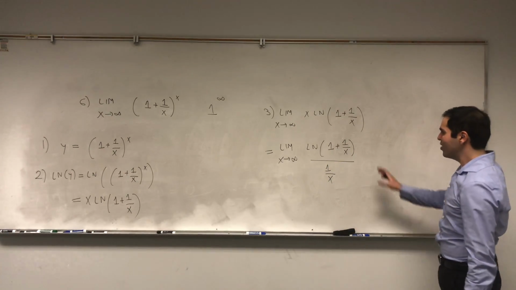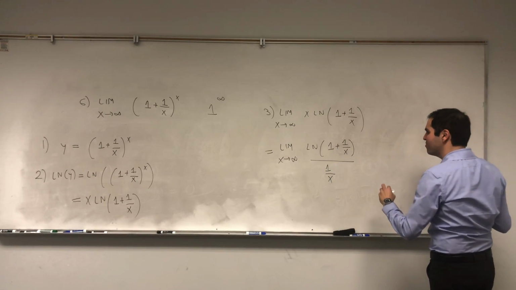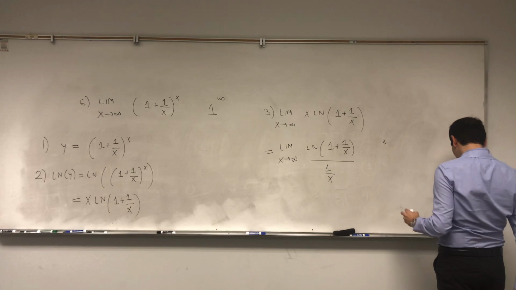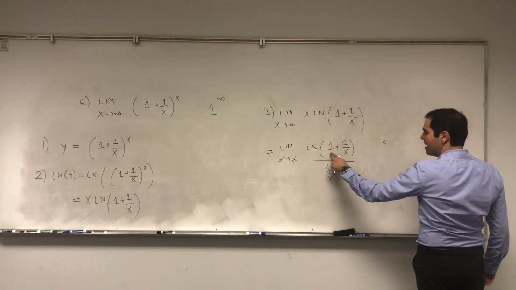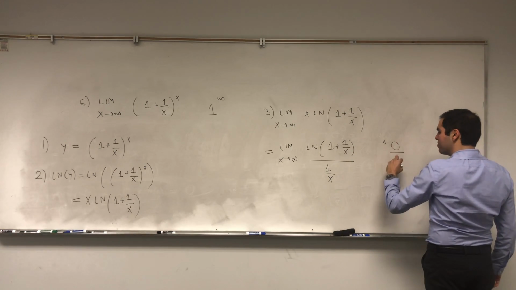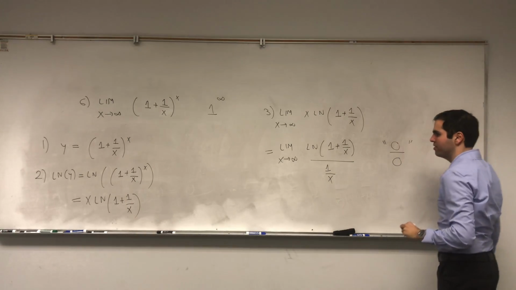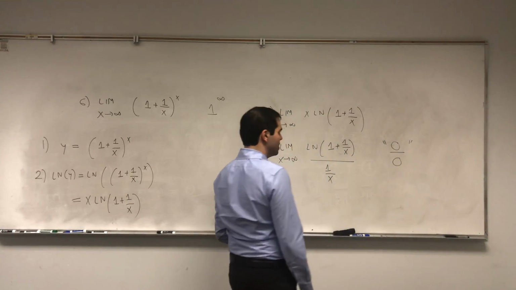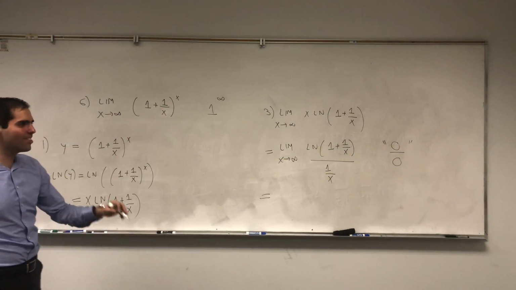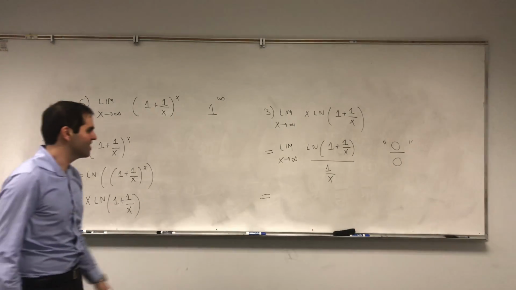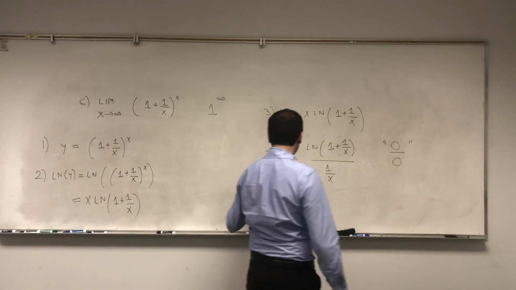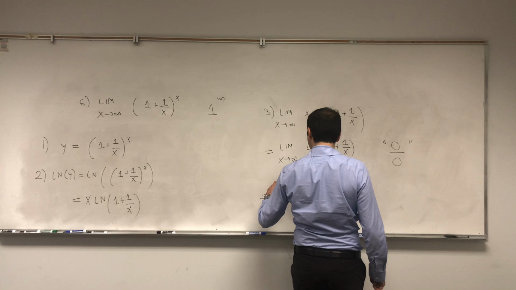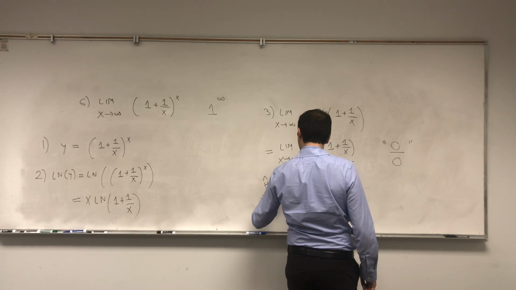And let's just do a quick sanity check. Is this of the form 0 over 0 or infinity over infinity? Oh yes, ln of 1 is 0, and 1 over x becomes 0. It seems that all my limits today, indeterminates, were of the form 0 over 0. Complete coincidence, not always true. And therefore we apply L'Hopital's rule.